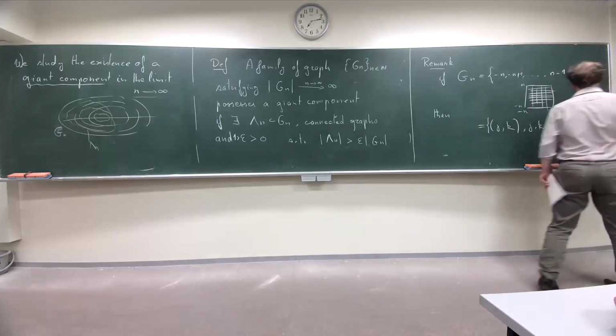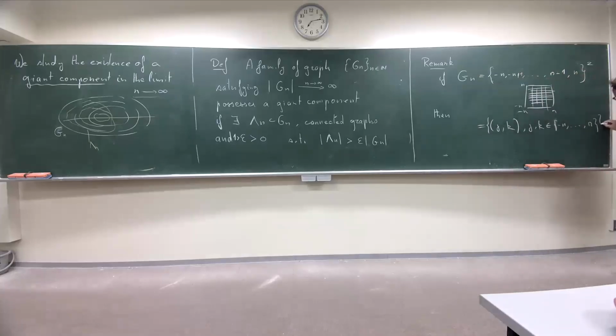That's better. This is Gn, the set of points in R2 which are integers between minus n and n.